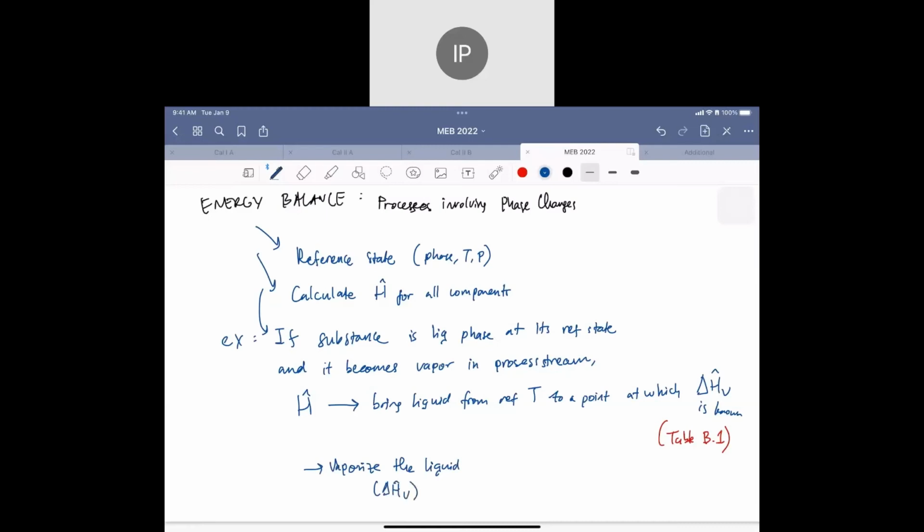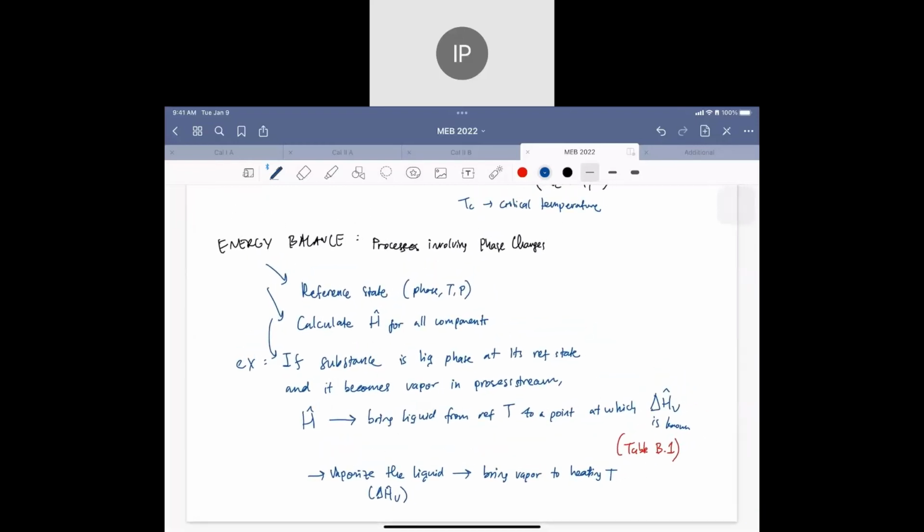And after vaporizing, bring the vapor to heat up to the temperature. I hope my writing can be understood. It is the same as we did before, which means you need to be careful when you construct the path.